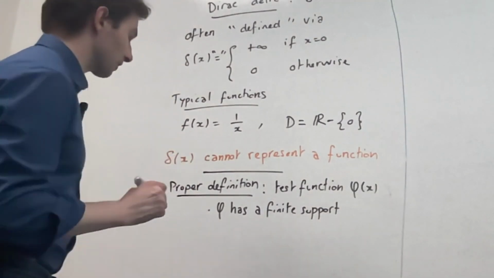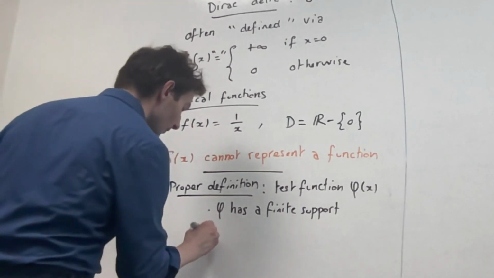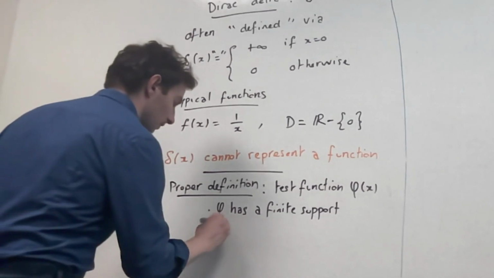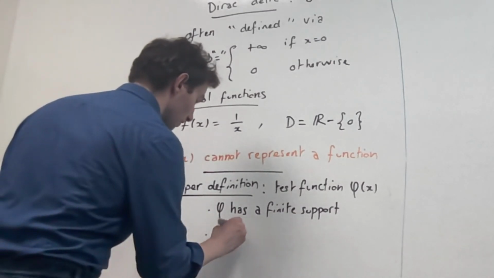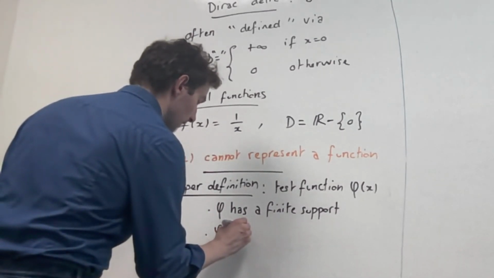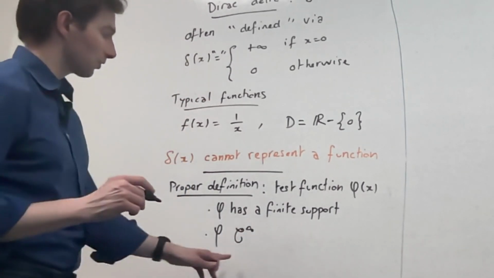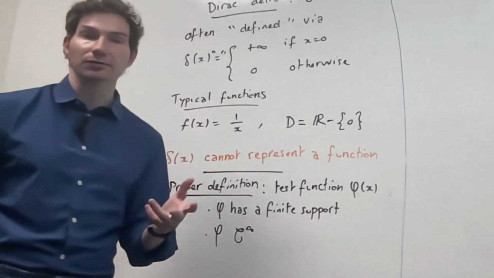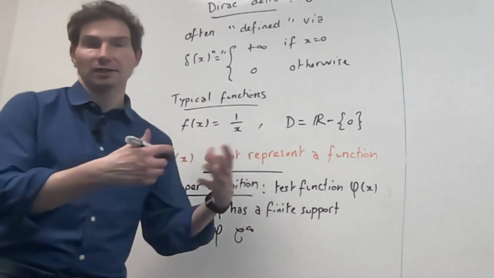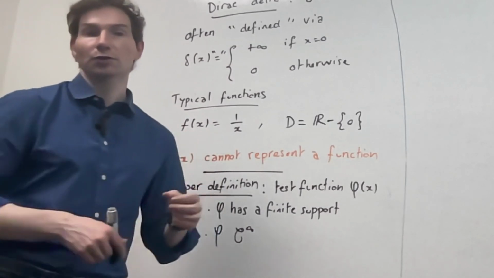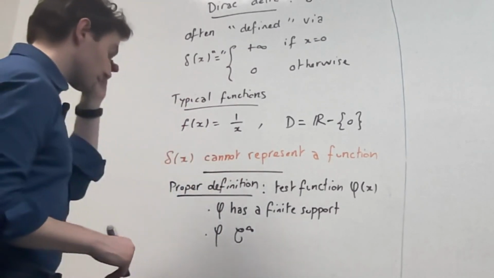So that's one possibility. And then the other part is that people usually ask for it to be so-called C infinity. What that means is that it's infinitely differentiable, and as a consequence, also continuous, like the derivative is continuous as well.